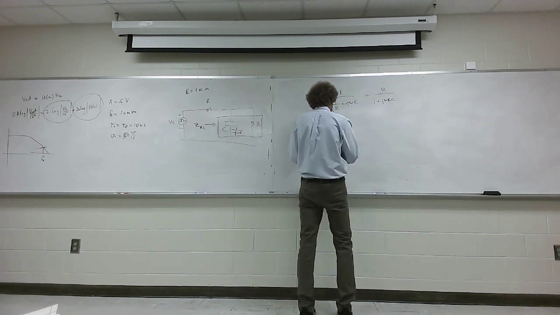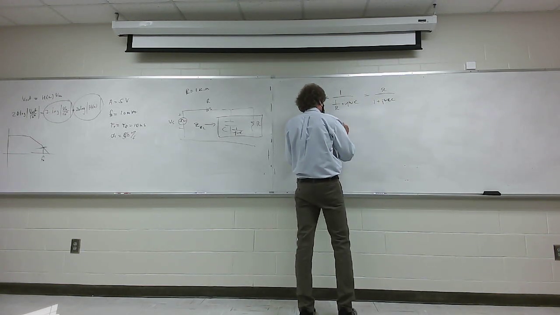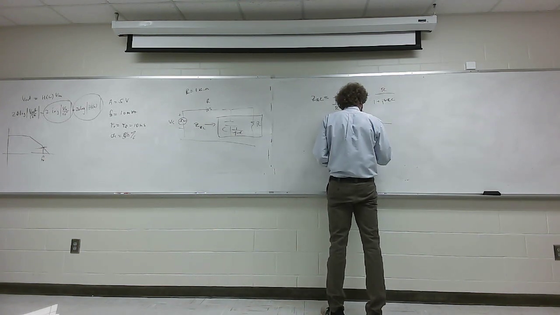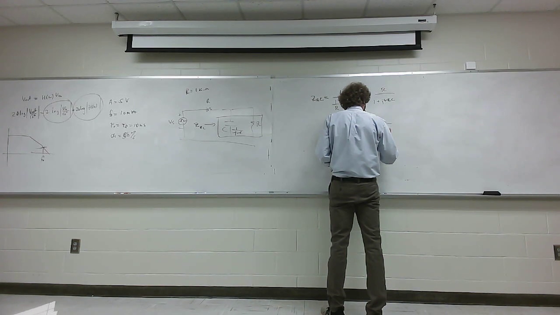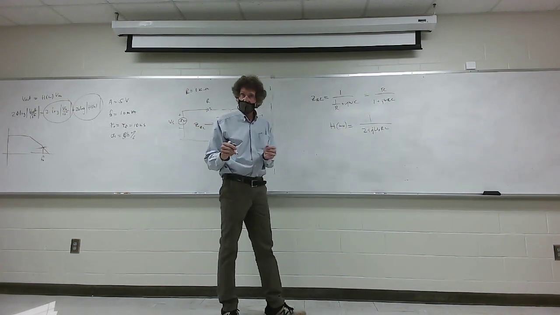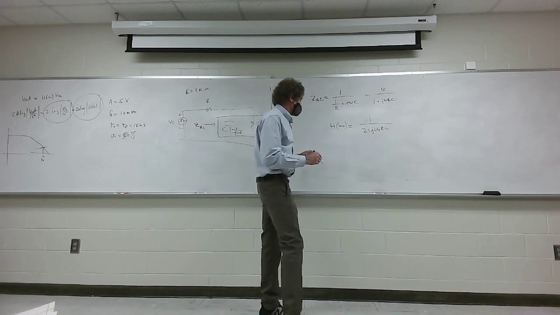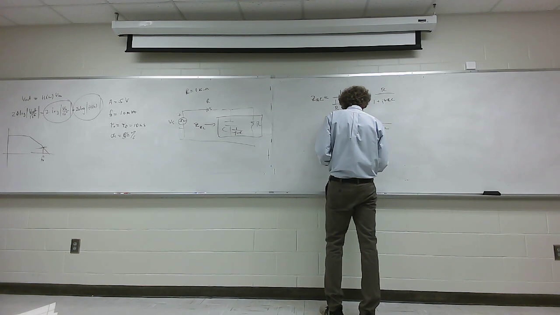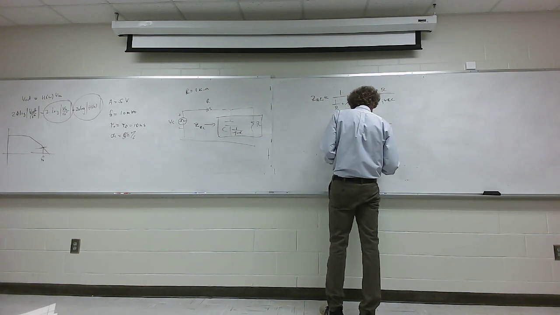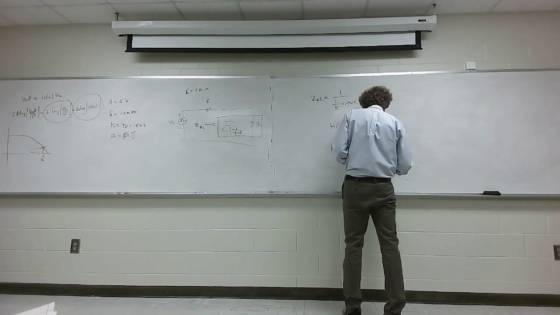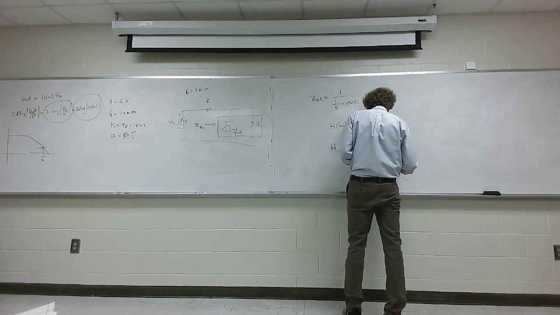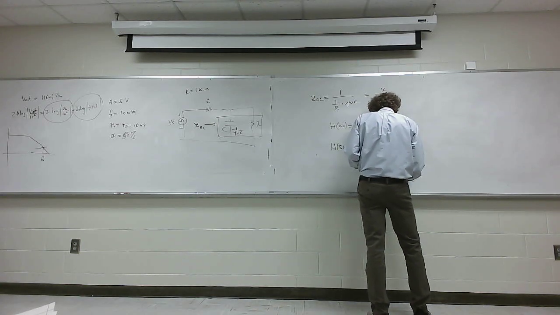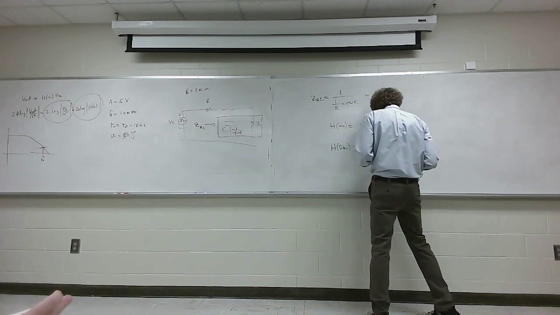I take a look at H of omega naught, that'd be the first harmonic. It's 1 over 2 plus j omega naught R times C. Agree? Then I take a look at the fifth harmonic. Agreed?